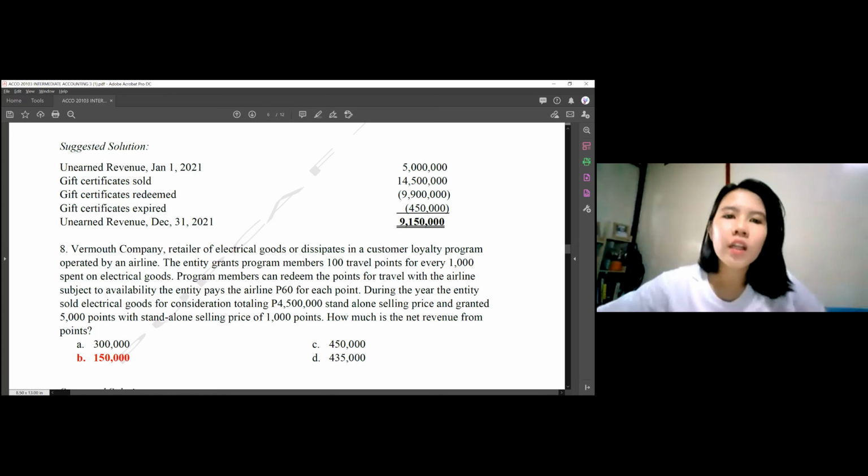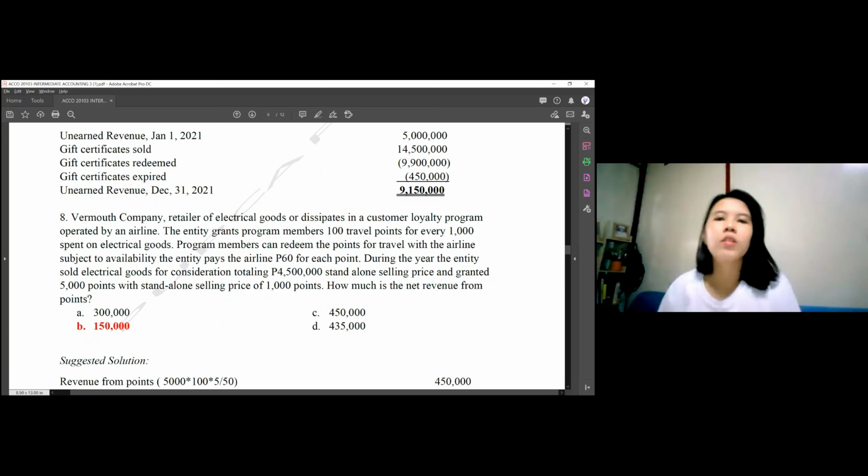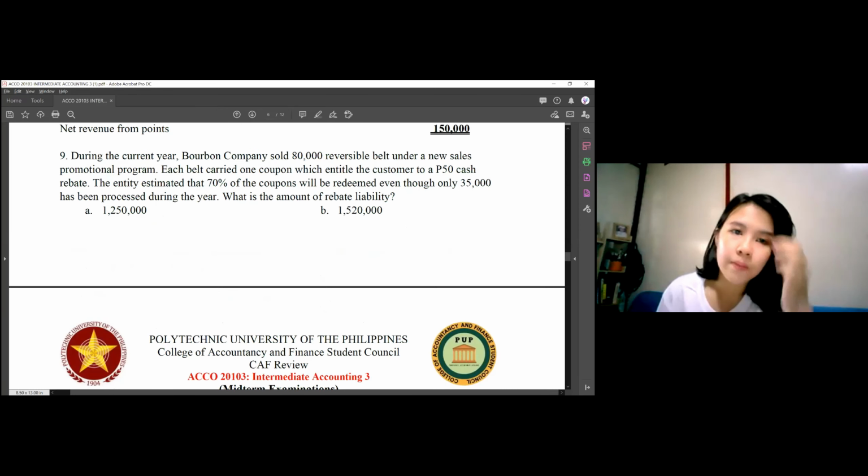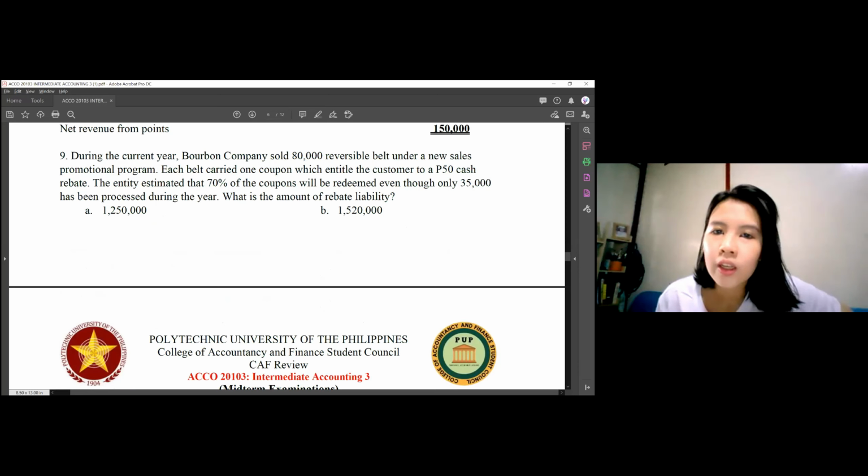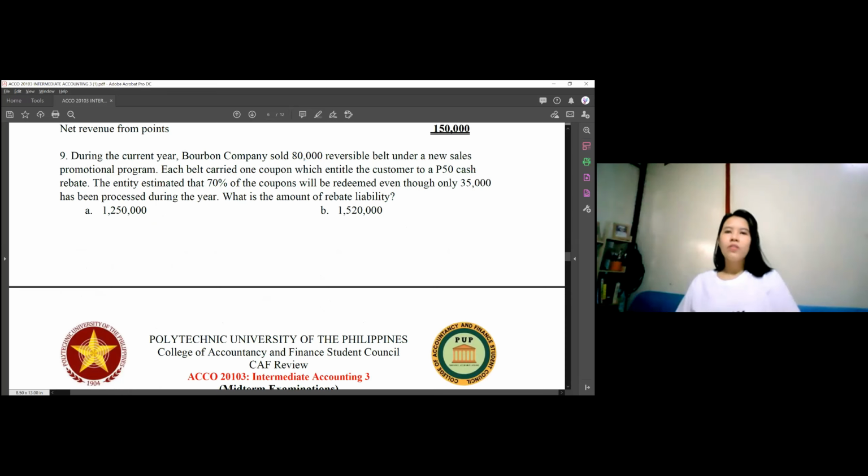During the current year, Bourbon Company sold 80,000 reversible belts under a new sales promotional program. So, ang bawat belt daw ay merong isang coupon na nag-entitle sa customer ng 50 pesos cash rebate. The entity estimated that 70% of the coupons will be redeemed, even though only 35% has been processed through the year. Okay, so what is the amount of rebate liability?